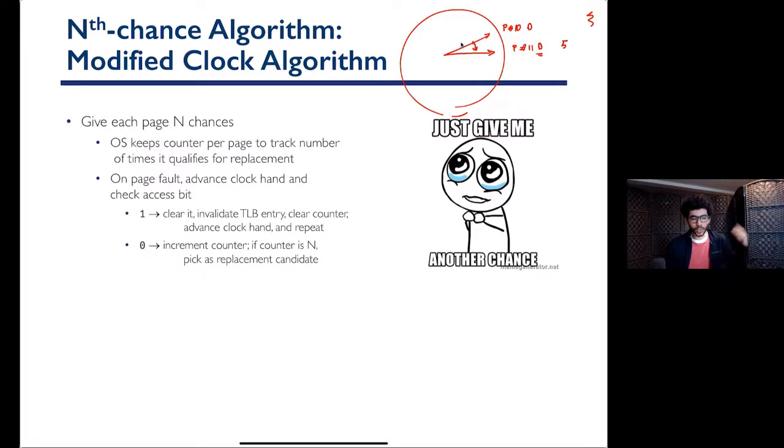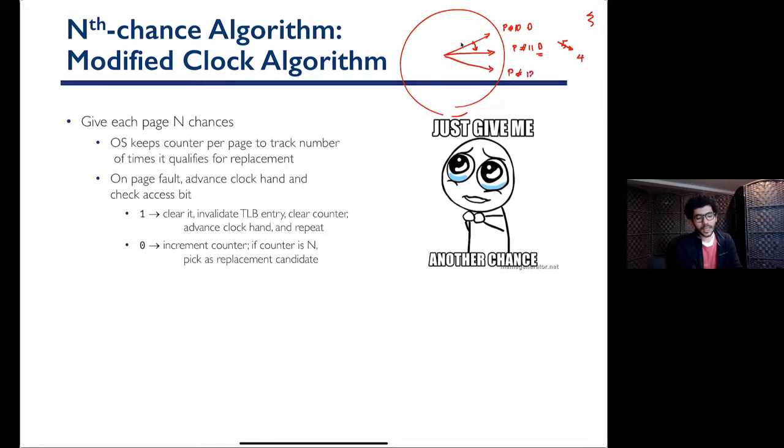In the original clock algorithm, we should evict this guy, right? We have found our victim, so we can evict it. Now, with the nth chance algorithm, we're going to give this guy another chance. So we decrease this to 4, and then we move on to the next page.